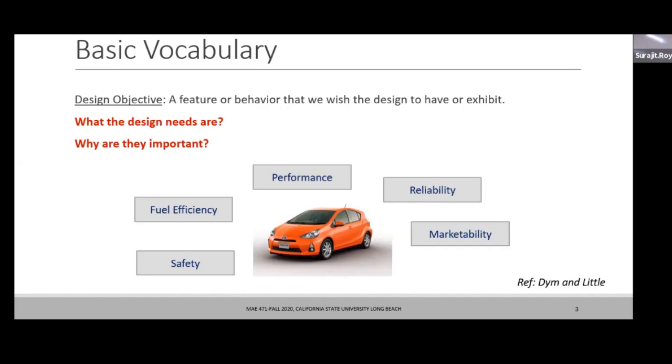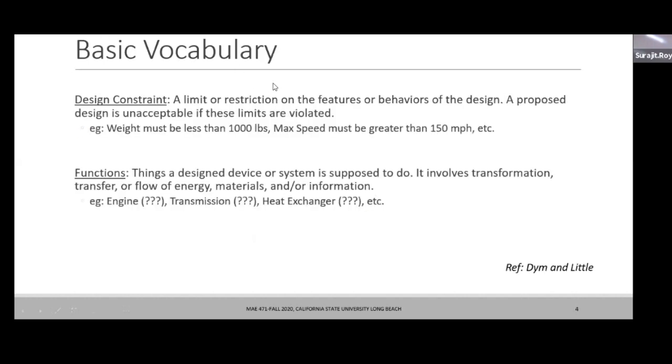Similarly, you are also aware of design constraints and functions. A design constraint is a specific limit or restriction that we apply on design objectives. The functions are the things a design system or device is supposed to do, involving transformation of material, energy and information.